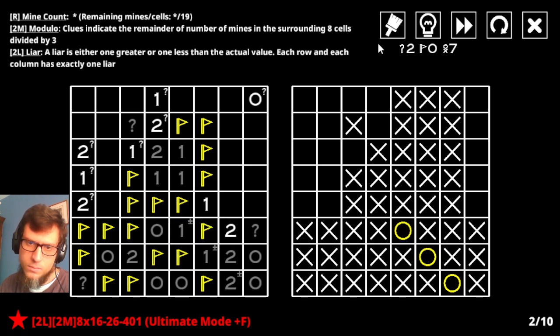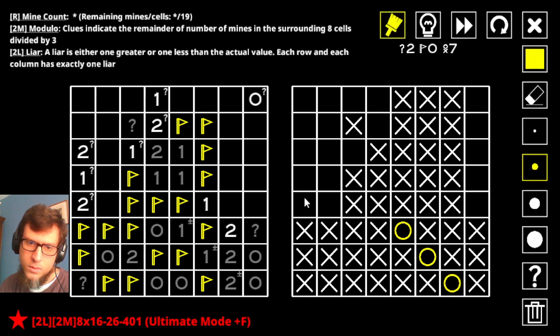Okay, well. So if this 2 is honest, then these are dead. Which means, what does it mean? Okay. Could this one be honest in such a case?